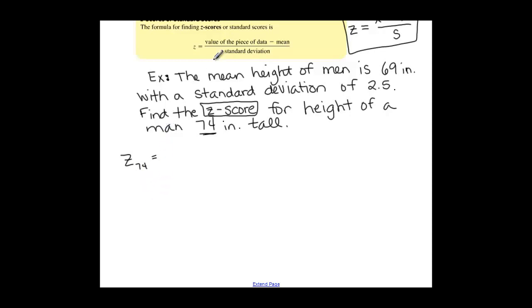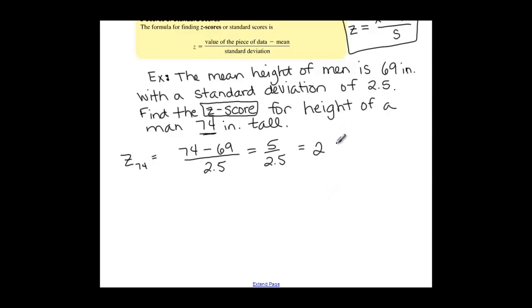Then the formula would be the value of the piece of data, 74, minus the mean, which we were given as 69 inches, divided by the standard deviation given in the problem of 2.5. That would be 5 divided by 2.5, which gives me 2.